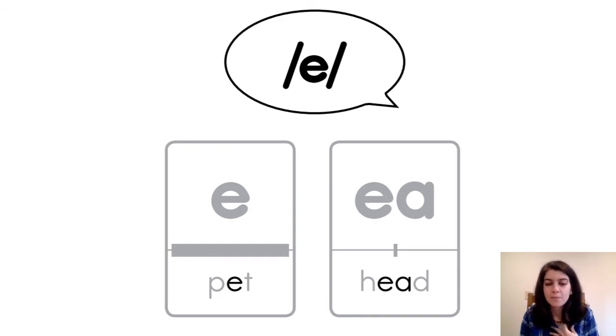We're going to practice some words on the next few slides where the EA is going to say eh. Ready? Let's go. Try this one with you. Weather. Your turn.